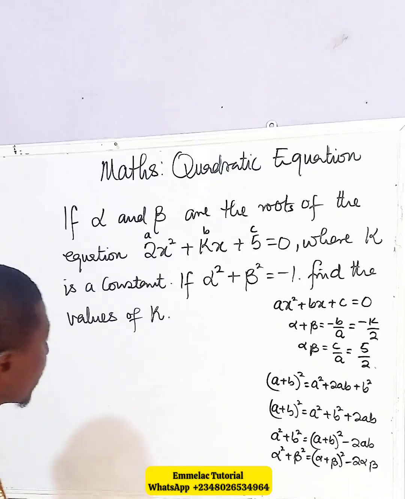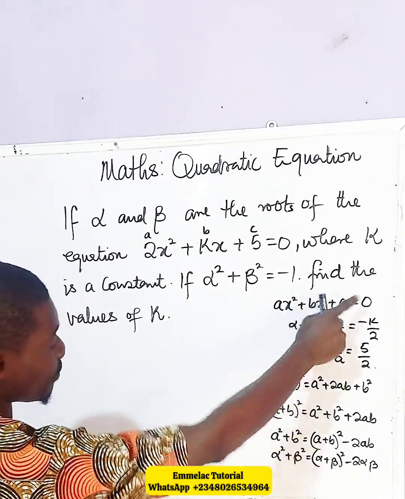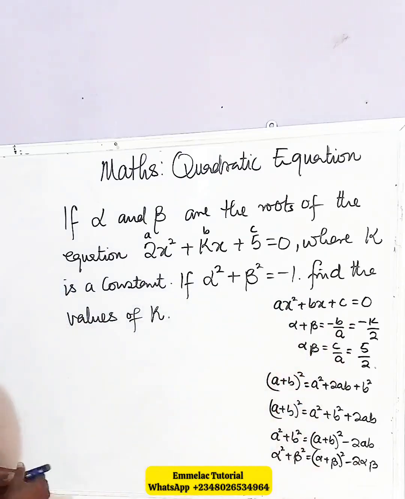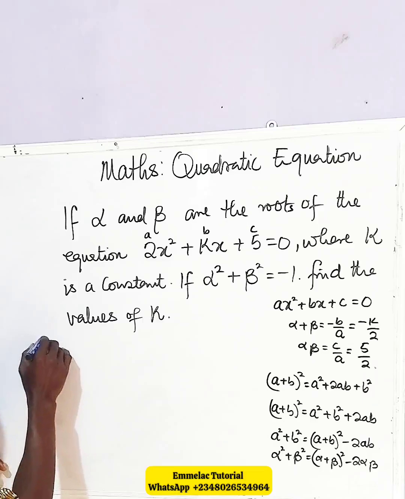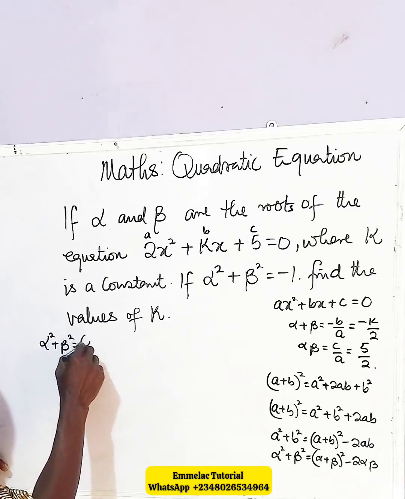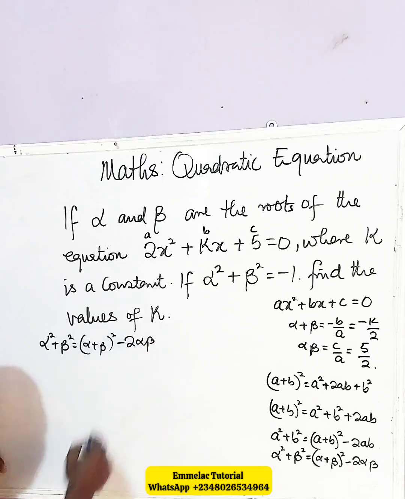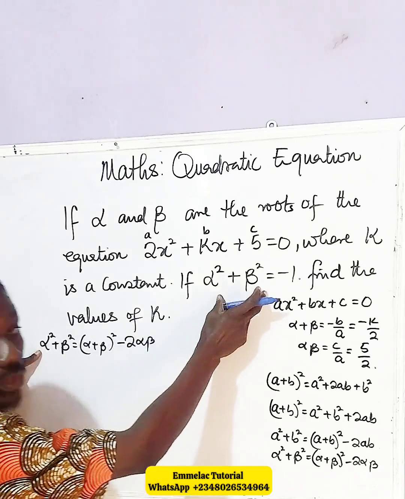So let us come over here. Since we are told to find the value of k, alpha squared plus beta squared equals alpha plus beta all squared minus 2 alpha beta. The whole of this, according to the question, is -1.